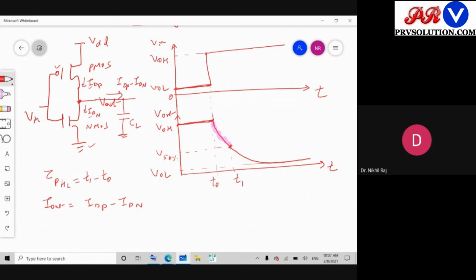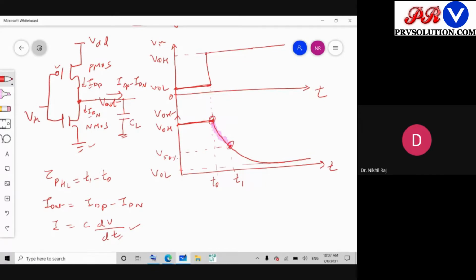Now, when we calculate the time TPHL, this means I have to know what happened at this particular T0 time and what is happening at T1 time. Okay. And also we know the relation of I equals C dV by dt. So we will use this expression for the derivation of the time function, because we need to have a time dependent equation.